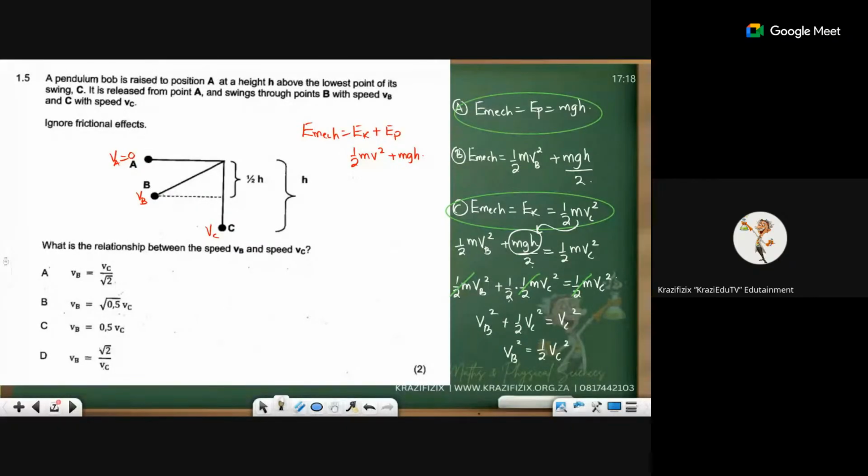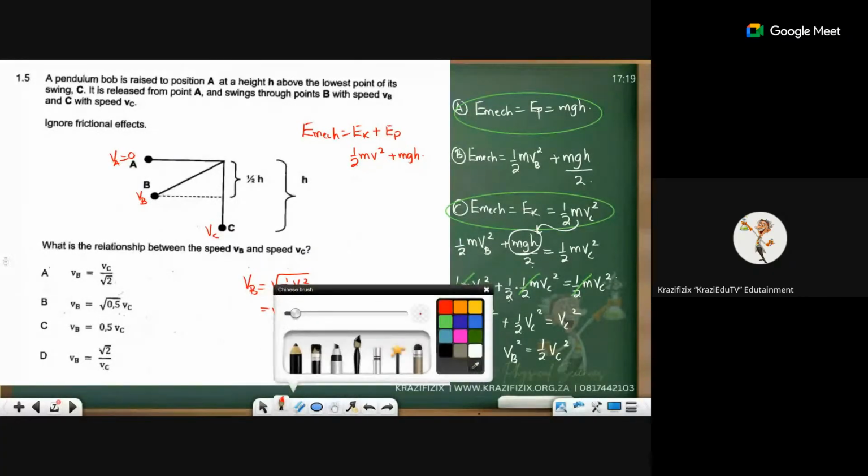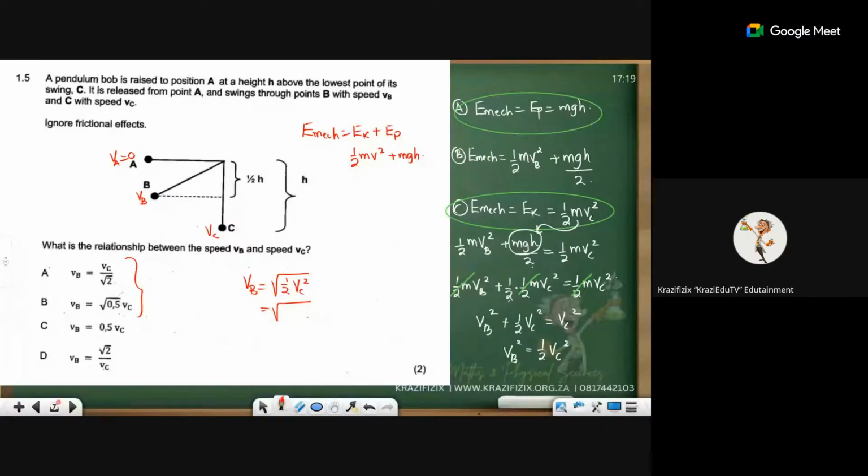So what would VB be? VB will be the square root of 1 over 2 VC squared, which can be written as, according to their answer, 0.5. But I think I know the square root of it. Okay, there are two answers here. My options are actually A or B. The one you said is not the answer. What is the square root of VC squared?